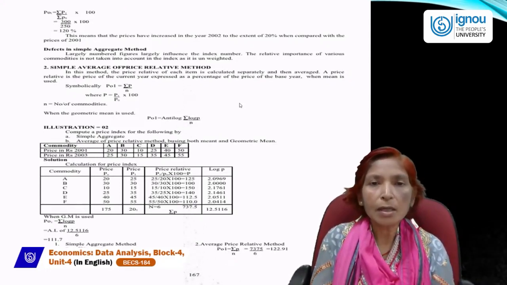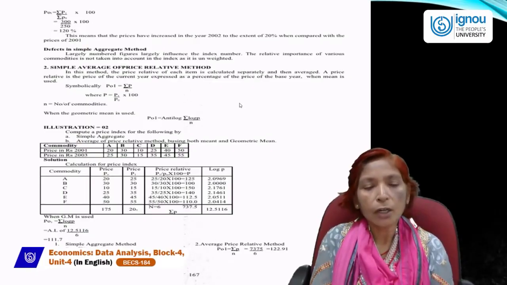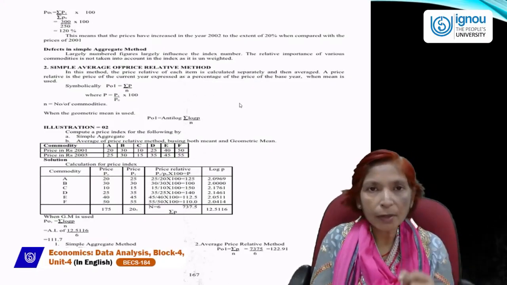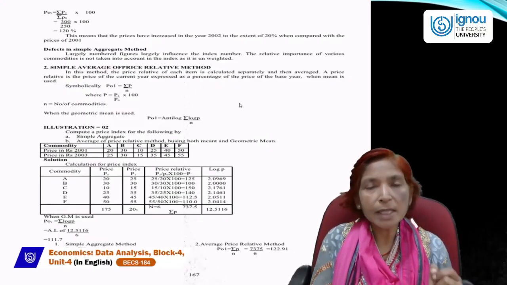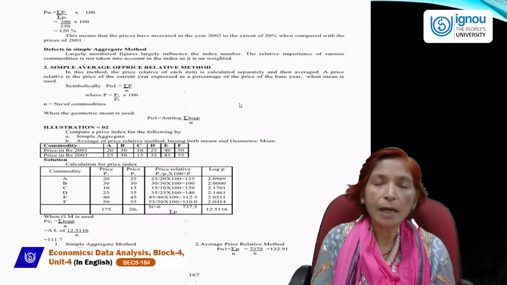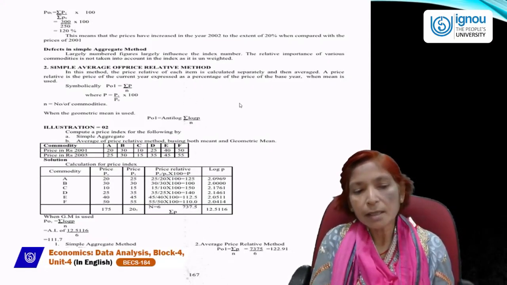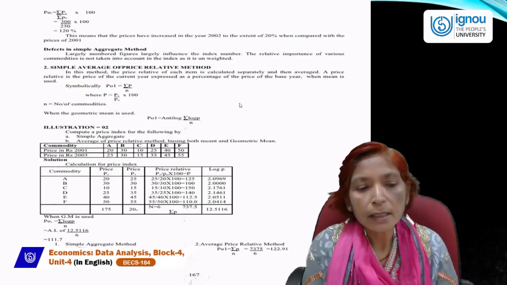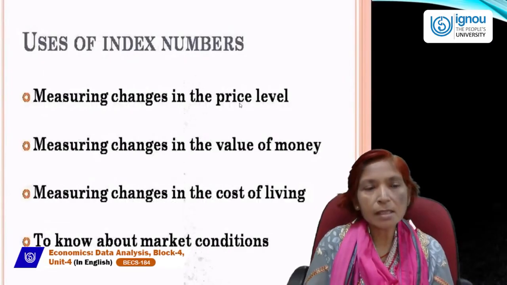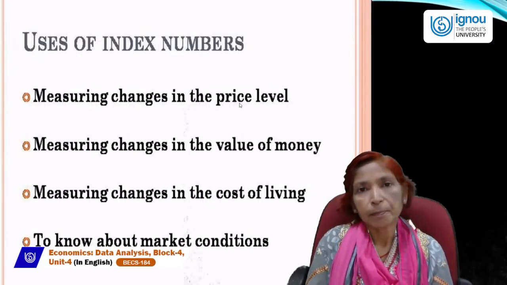Sigma is called summation, or total: the total value of P1 is called sigma P1, and the sum of P0 is called sigma P0. So sigma P1 divided by sigma P0 multiplied by 100 gives us the simple aggregate index number.